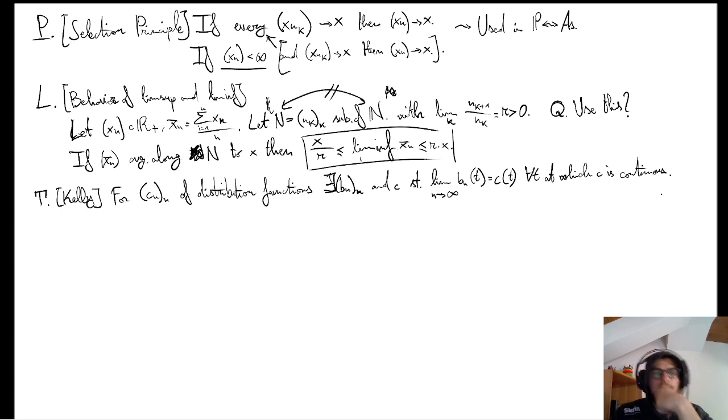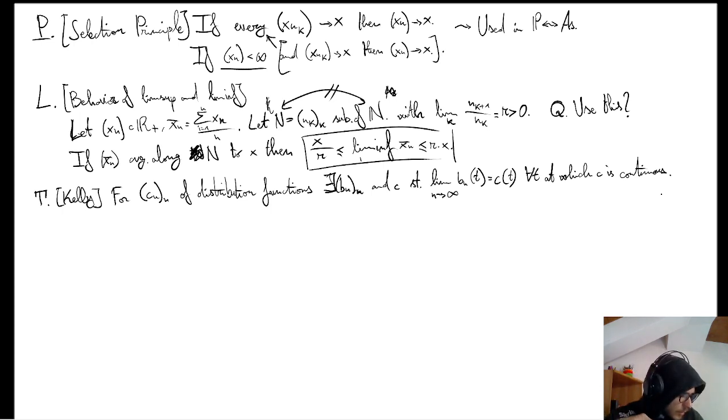So this is somehow related to convergence in distribution. If we have a sequence of distribution functions, there is a subsequence and a limit distribution function such that the limit of the subsequence is the distribution function. Where do we use this?